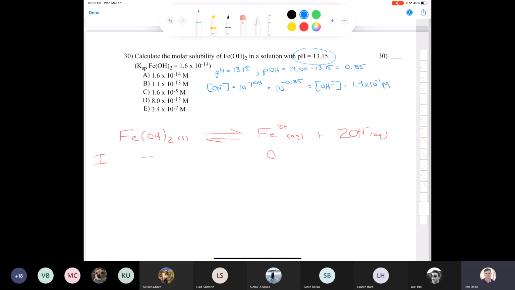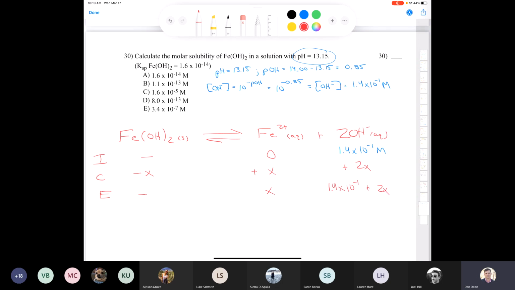So 0.14 molar. Well, I have my 1.4 times 10 to the negative 1 molar here. I'm going to have some kind of change. I'm going to gain something here, and I'm going to gain twice as much here. And then at equilibrium, again, I don't consider the concentration of a solid. I'm going to have x here, and then I'd have 1.4 times 10 to the negative 1 plus 2x.